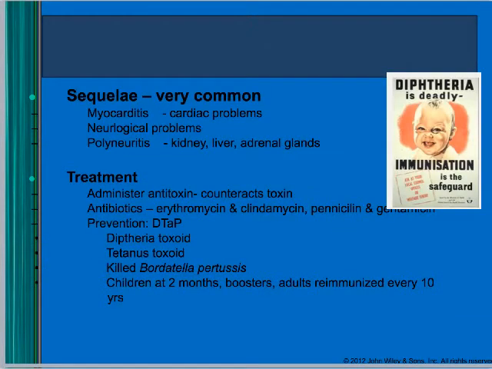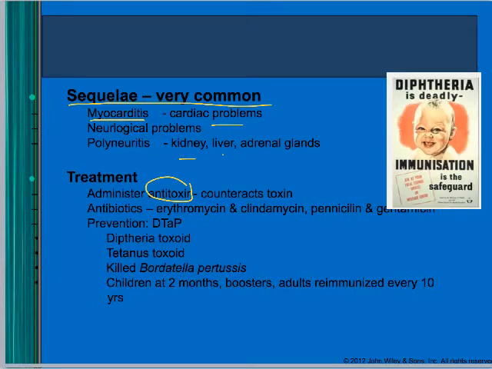Okay, the other problem with this is that the sequelae can be really, really bad. It can cause myocarditis, it can cause neurological problems, and it can damage the kidneys and the liver and the adrenal glands. To treat it, they'll use an antitoxin to counteract the toxin, and that'll bind it.